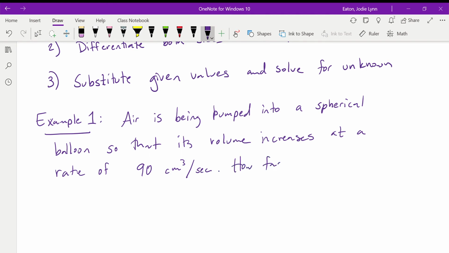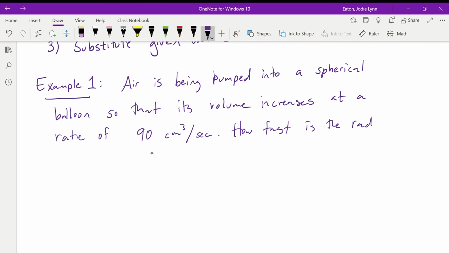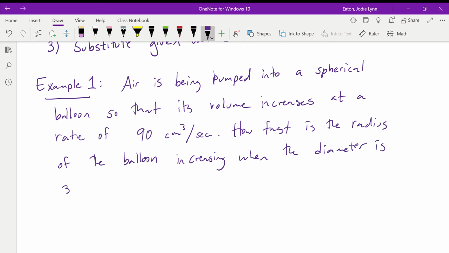How fast is the radius of the balloon increasing when the diameter is 300 millimeters?